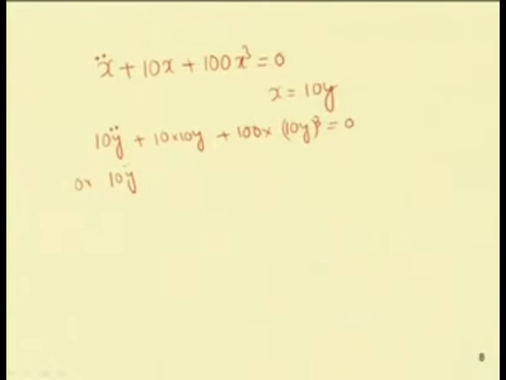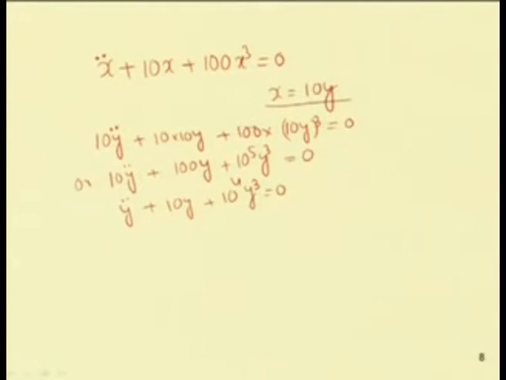Or this equation becomes 10 y double dot plus 100 y plus, this is 10 to the power 3 and 2, so 10 to the power 5 y cube, equal to 0. Or y double dot plus 10 y plus 10 to the power 4 y cube equal to 0.